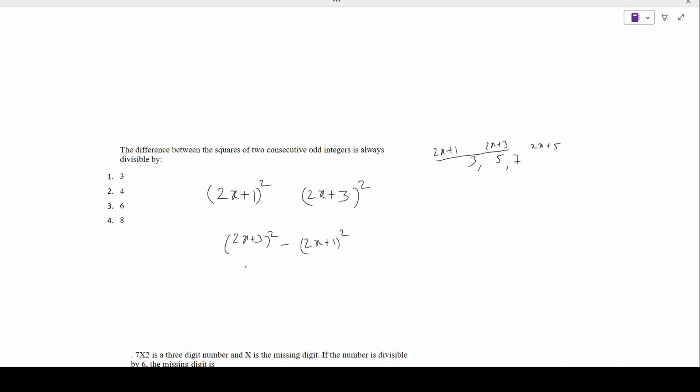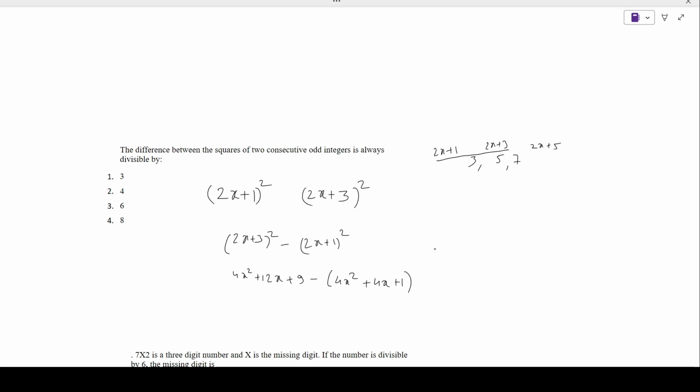Let's solve this. 4x square plus 12x plus 9 minus (4x square plus 4x plus 1).